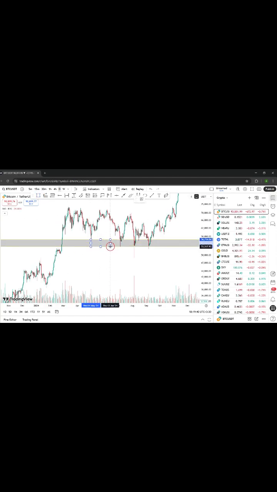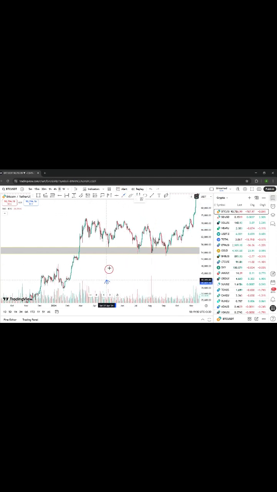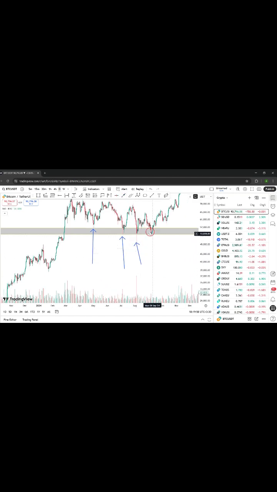For example, this one. Every time price reaches this area, for example this is the first time, this is the second time, third time, and so on.